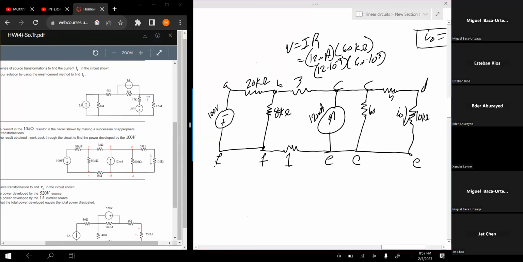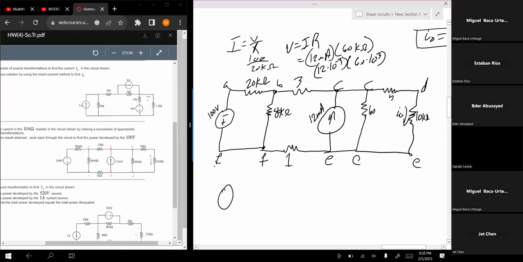So if we have V equals IR, we have I is equal to V over R. So that would be 100 divided by the 20 kilo ohms, right? So that would be 100 divided by 20 times 10 to the 3. That would be 5 milliamps.